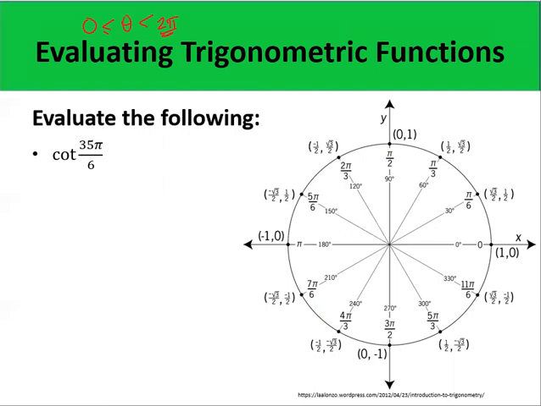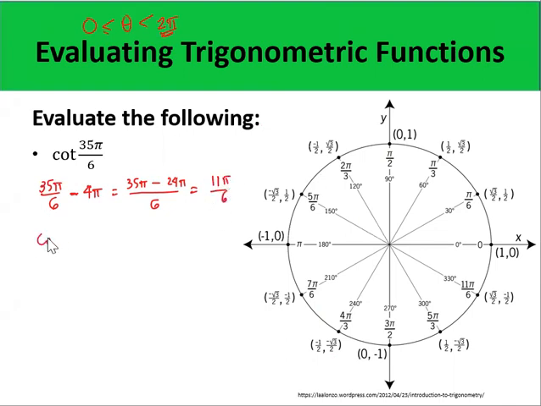So since 35 pi over 6 is 5 point something, we need to subtract the highest multiple of 2 pi that is less than 5 point something pi. So it's going to be minus 4 pi. So that's 35 pi minus 6 times 4, which is 24 pi, over 6. So 35 pi minus 24 pi is 11 pi over 6.